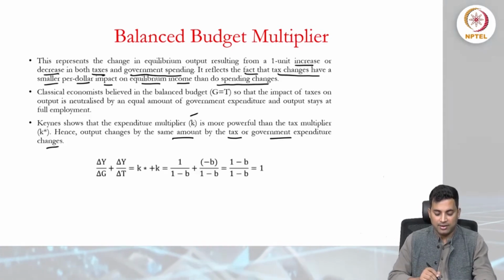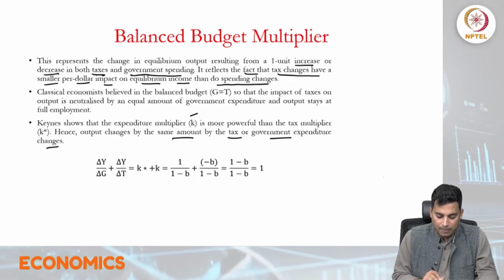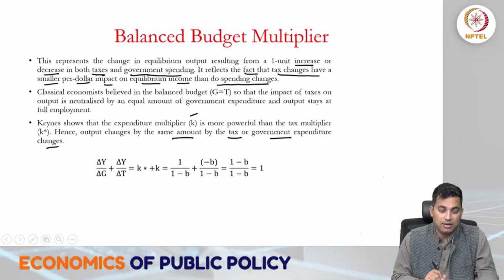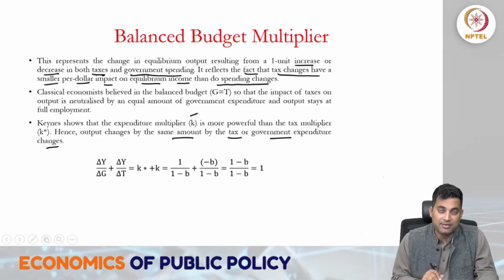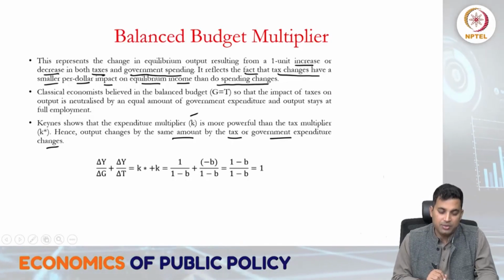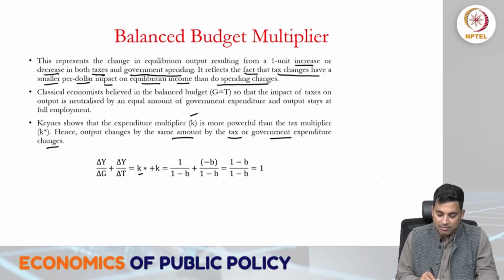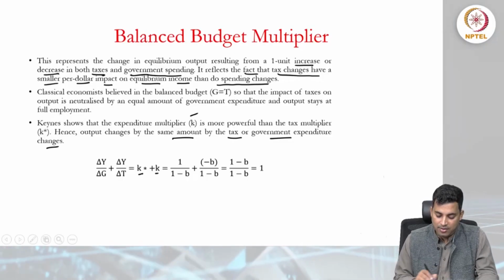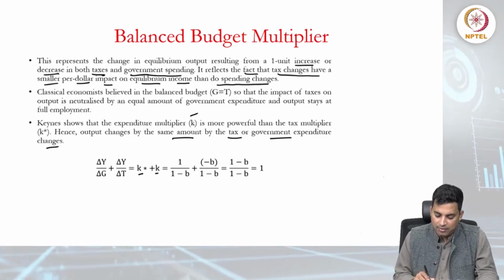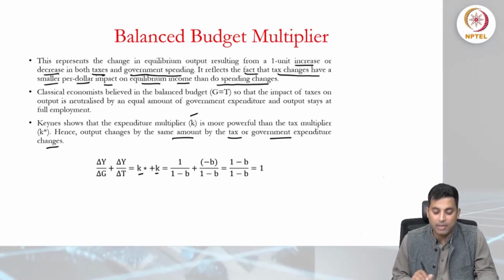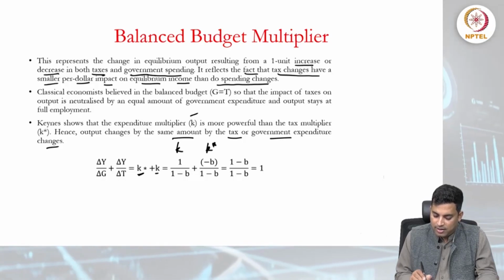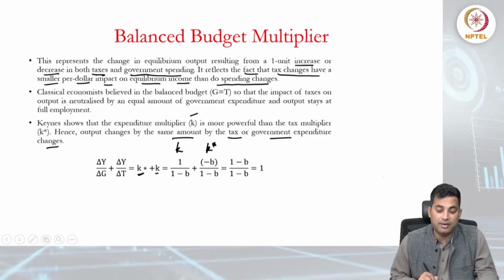Let us assume the change in total output due to a 1 unit change in government expenditure, plus the change in total output due to a 1 unit change in taxes, is basically k plus k star. The value of k is 1 by 1 minus b, and the value of k star is minus b by 1 minus b.